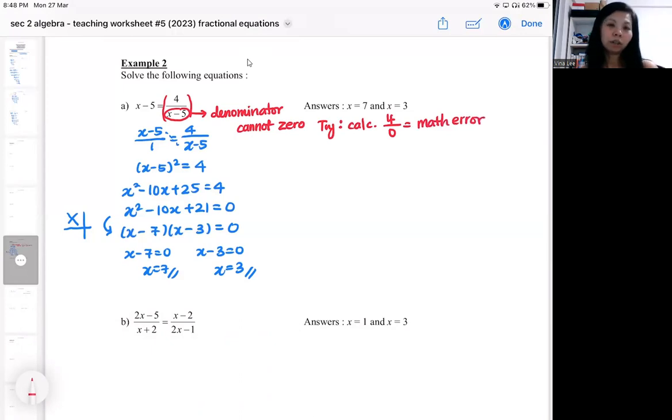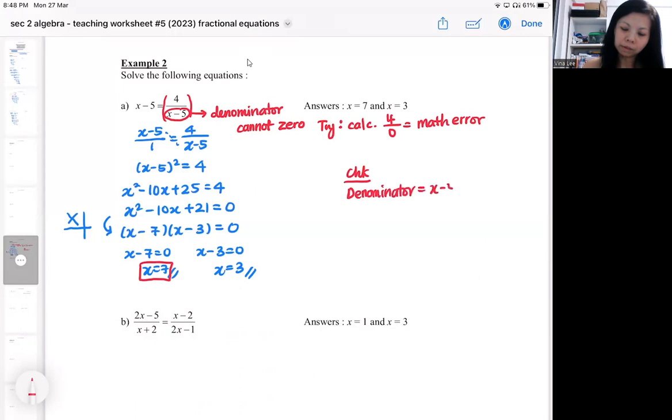So the logic of rejection will be whether your answer will make the denominator 0 or not. These two answers are both valid. How do you know? The denominator in the question is x minus 5. If you put in a 7, the denominator is 2.